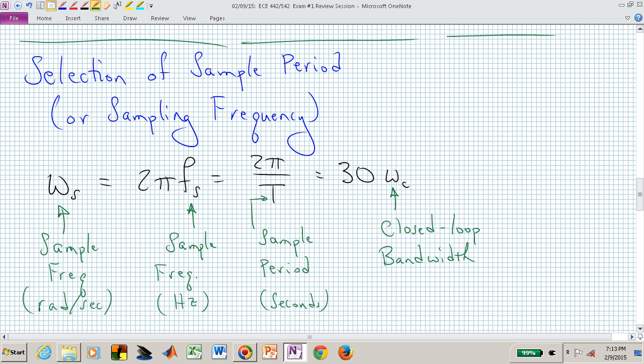The sampling frequency in radians per second is 30 times the closed loop bandwidth. And this is how you could relate that sampling frequency in radians per second to a sampling frequency in hertz or to the sample period capital T. That you should be comfortable with.